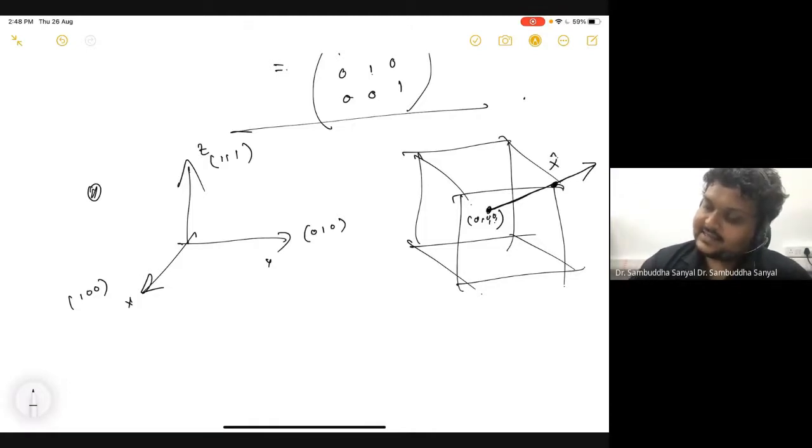So then what is the x-axis? What is the vector? Anybody? If this is my x-axis, what is the coordinate in this global coordinate system? This is 1 1 1 by root 3. Agree?